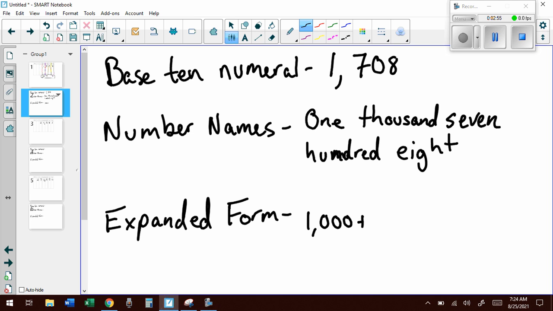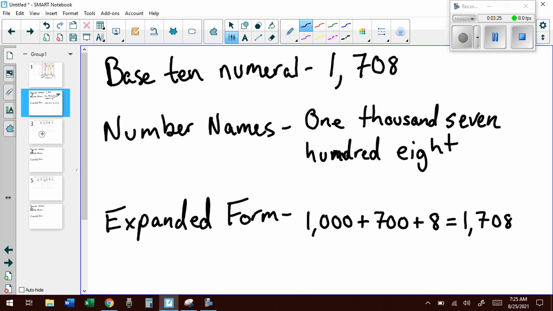Then we added a 700 because the value of that 7 was 700. Now we don't need to show plus 0 tens, and we'll jump into that in a second. And then we added 8 ones. And that gave us a total of 1,708.